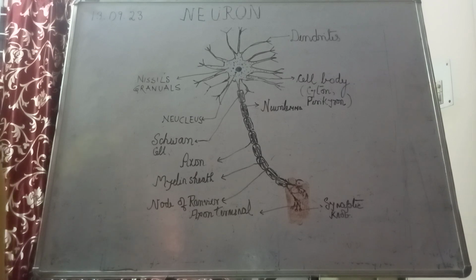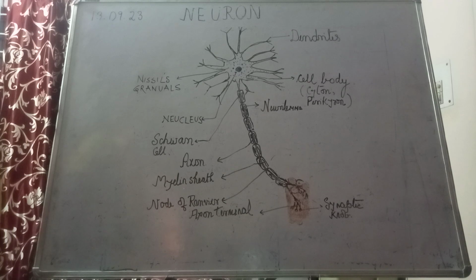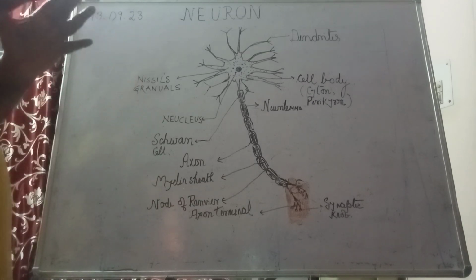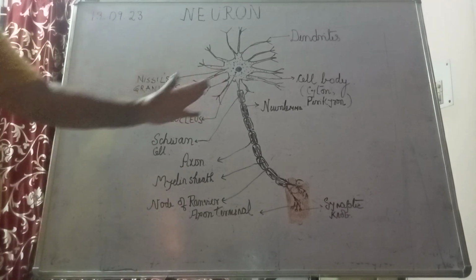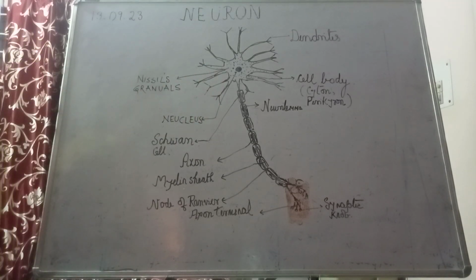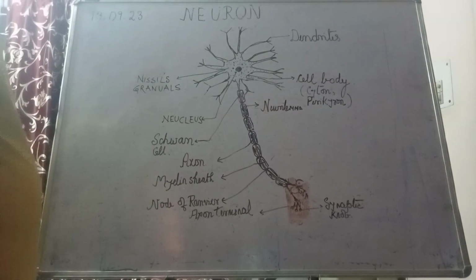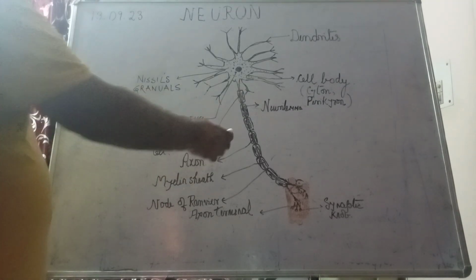Okay, so there are chances of overlapping of impulses, so that is being protected by the myelin sheaths. Some neurons can be myelinated, some can be non-myelinated. So myelinated neurons are having myelin sheaths as the extra protection for this axon.